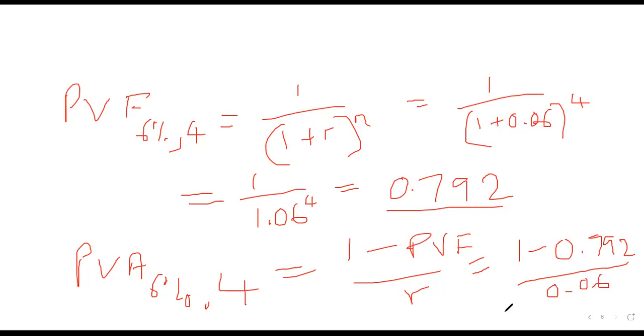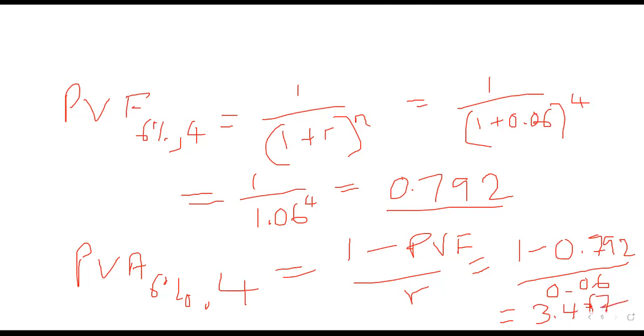What are we getting? To find the annuity factor, 3.467.